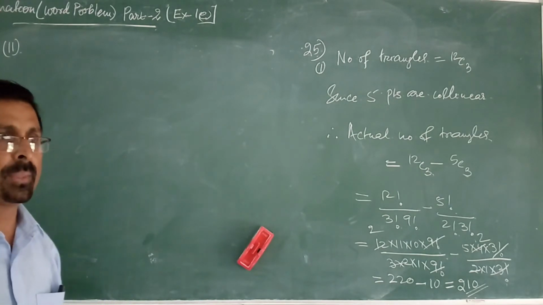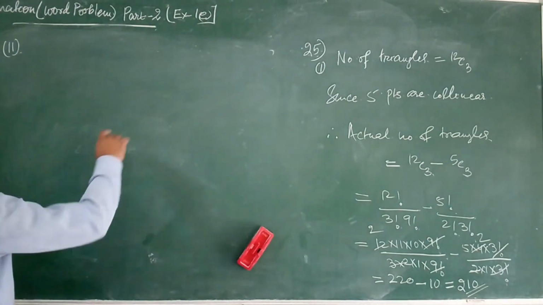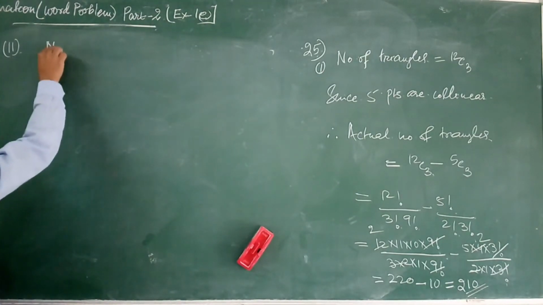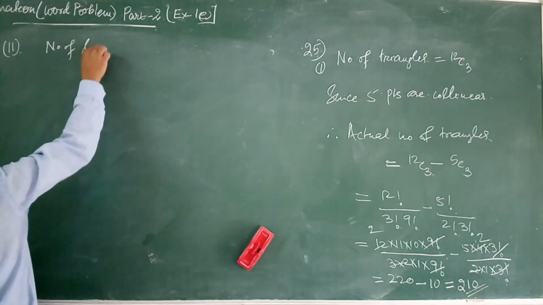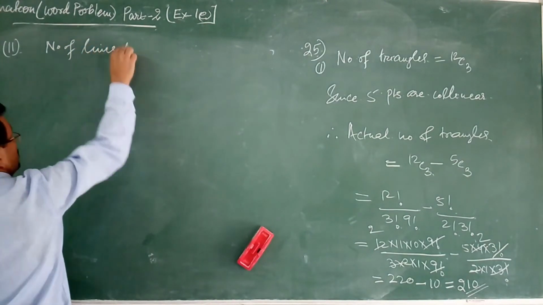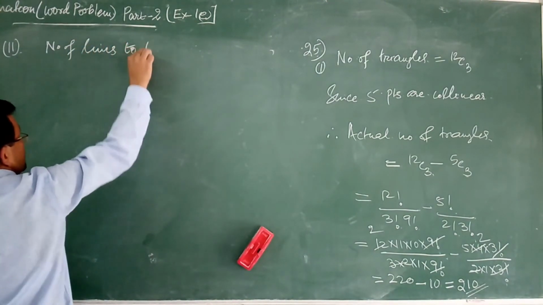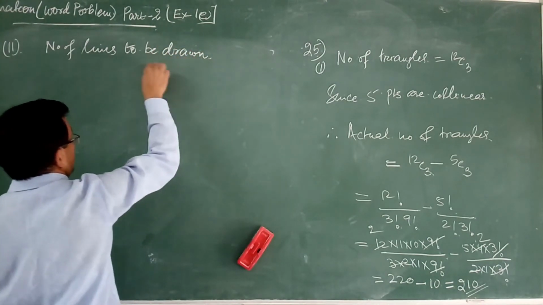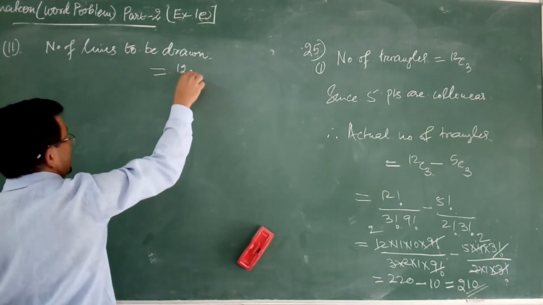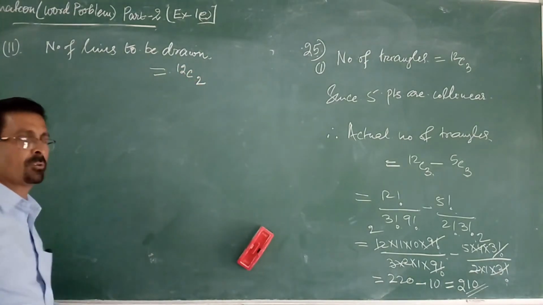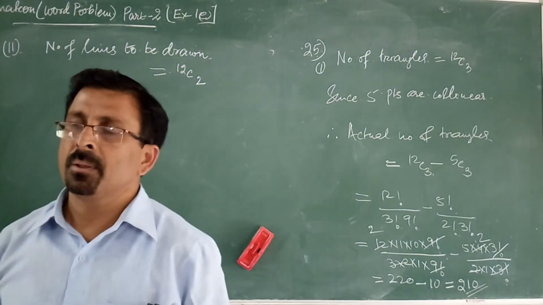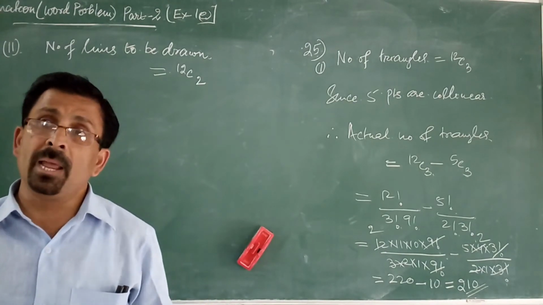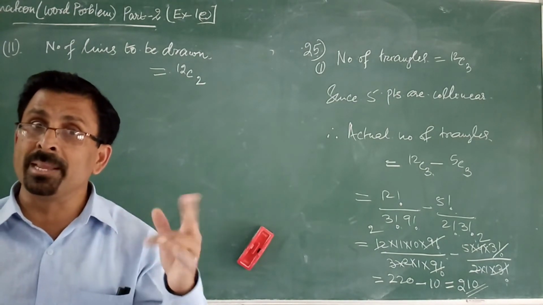Is it very clear? So in the beginning, I thought the number of lines to be drawn will be equal to 12C2. We will get this many lines only if the points are all non-collinear.